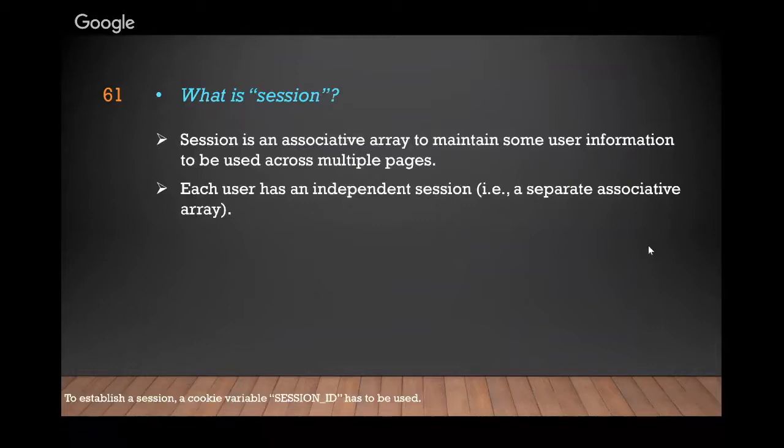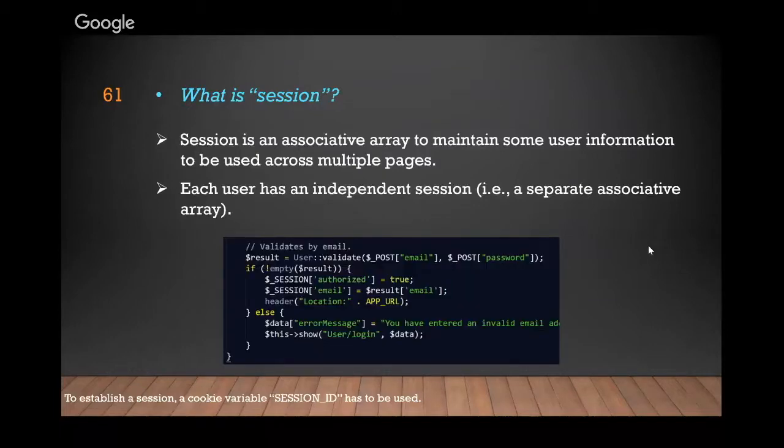You can put some values in it, and later you can retrieve them. Each user has an independent session, which means each user will have an independent associative array, and of course a cookie variable for the session will be established. Here, you are adding two new session variables to the session associative array, and later you can use them.